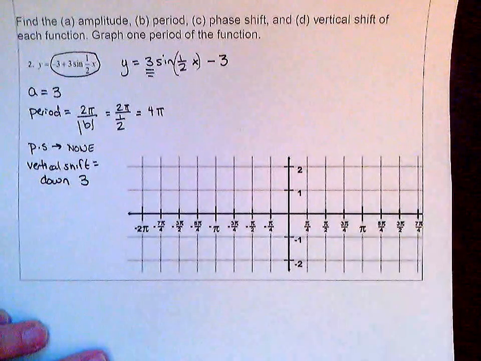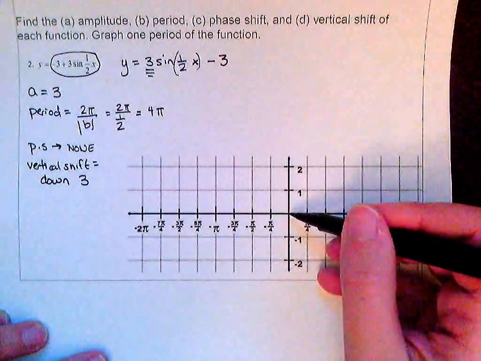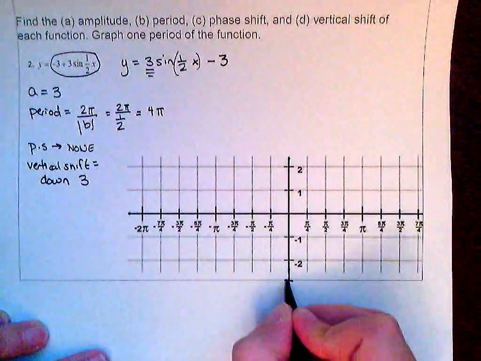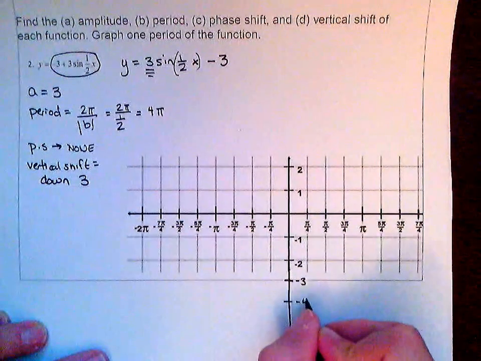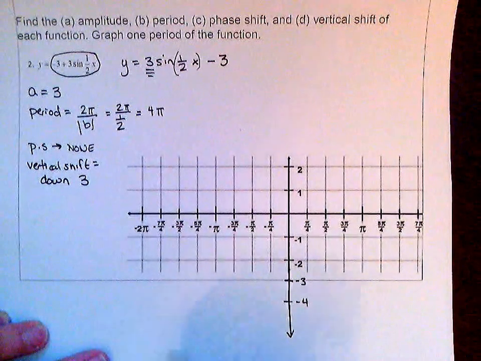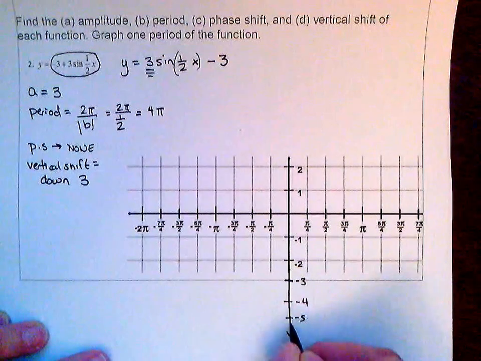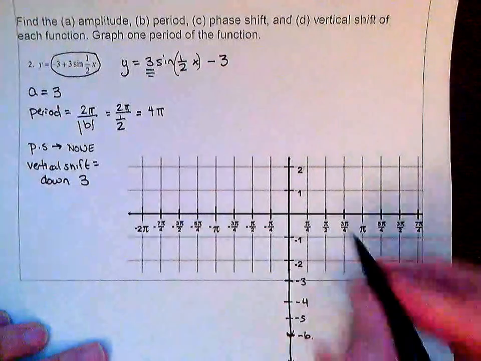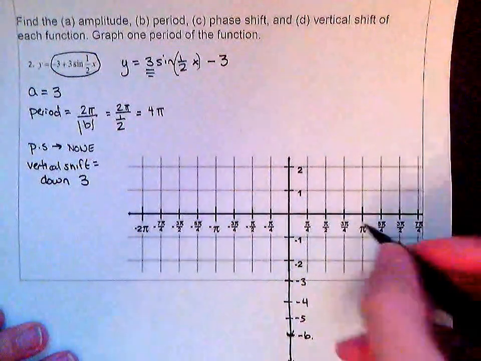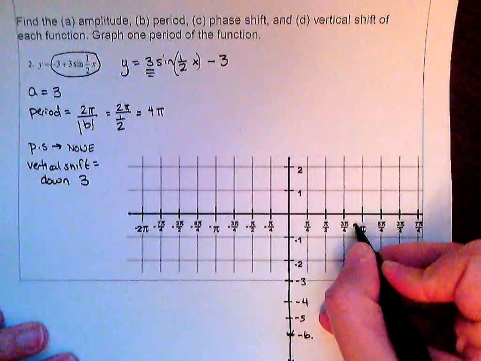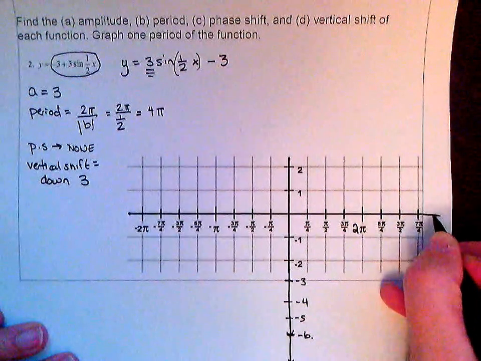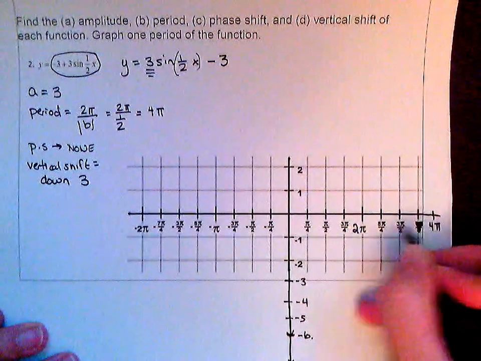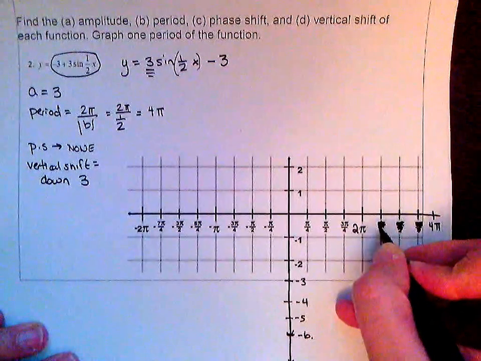Because for this problem specifically, I'm actually going to have to extend this graph down to -3, -4, -5, -6. And then 2 pi is going to have to be right here, and then 4 pi is going to be right there. So we're going to have to ignore these numbers for a second.